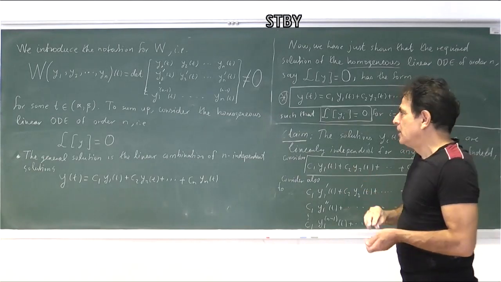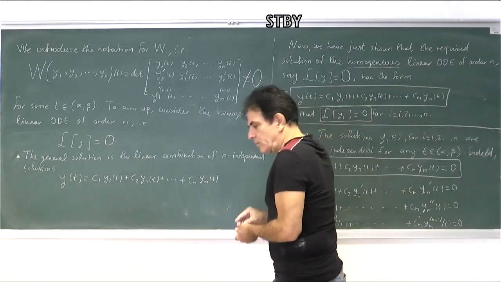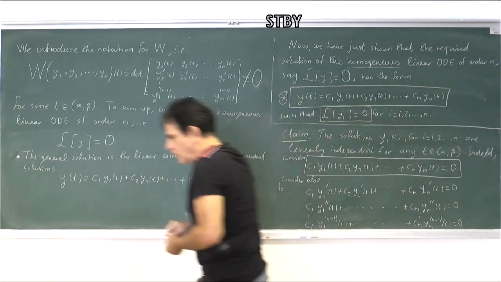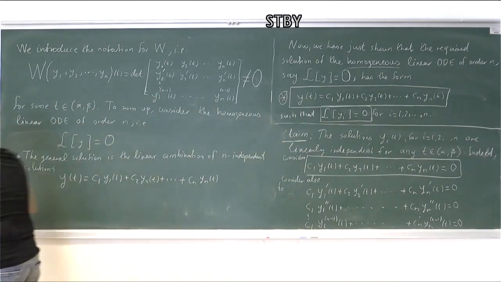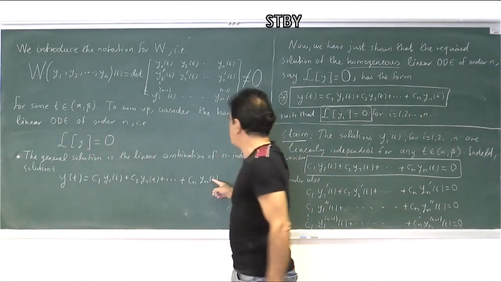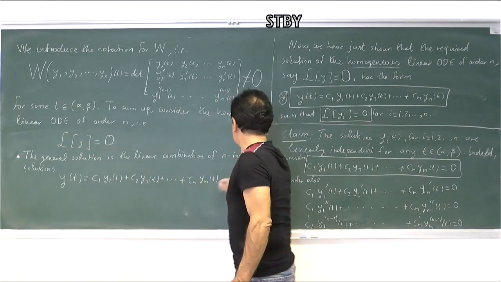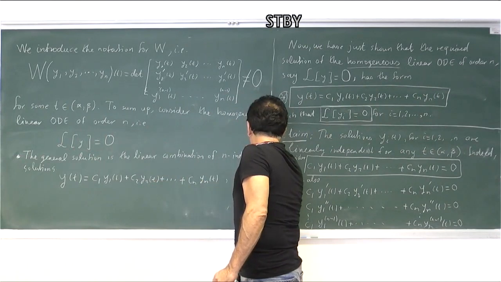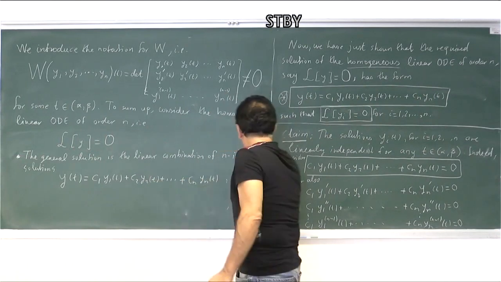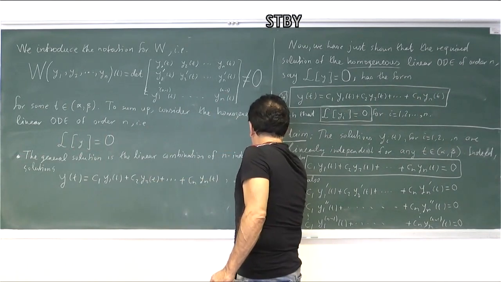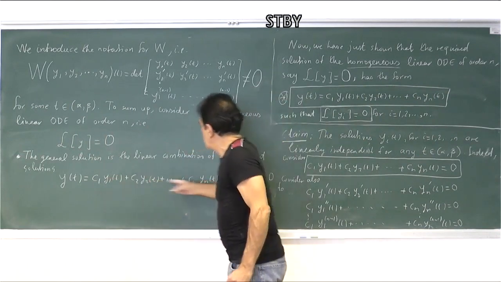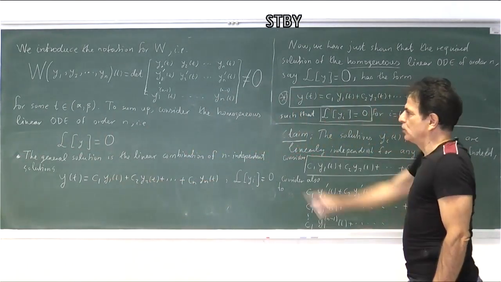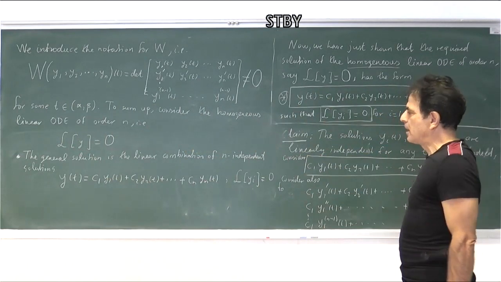Good? So we have to find the n linearly independent solutions. Please be careful: each one is a solution of the homogeneous system, so the combination is also a solution of the homogeneous system.